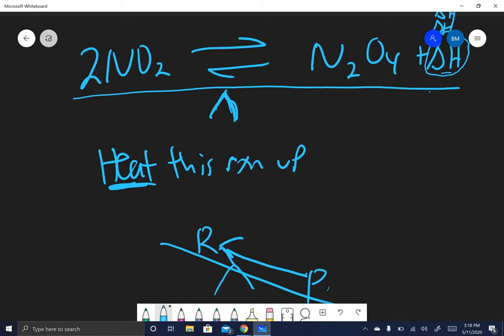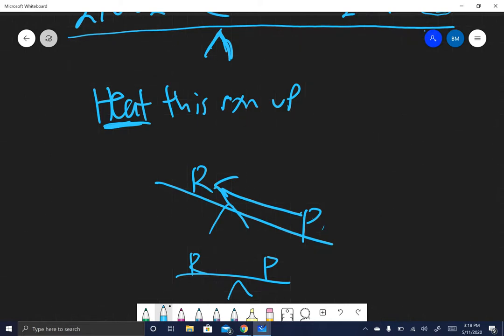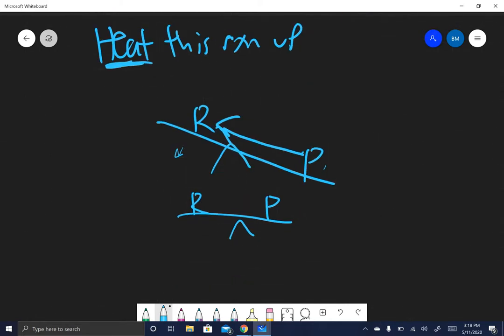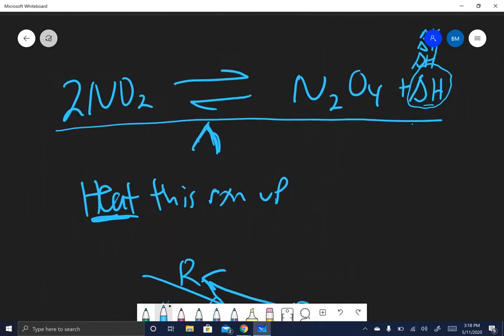And if it shifts to the left, you're going to make more reactants. If you make more reactants, it's going to get heavier, quote unquote heavier. It'll go back down towards the ground and they will balance out. So they will be constant again at equilibrium. So the answer, if this question was, in what direction does the equilibrium shift when you heat this reaction up?